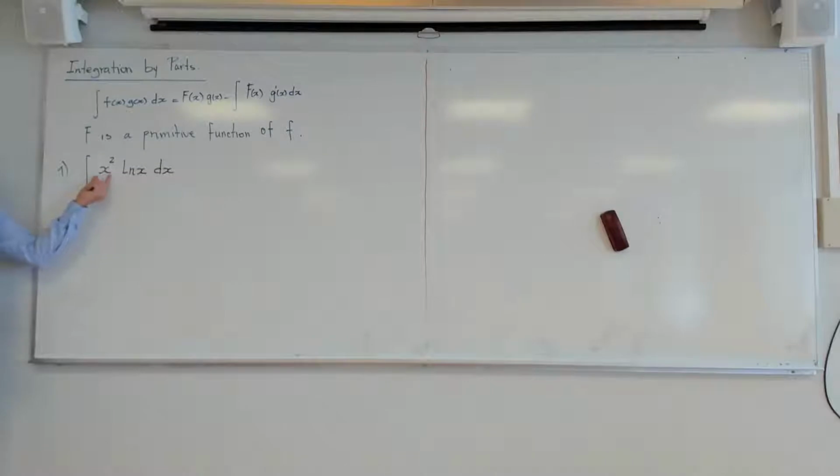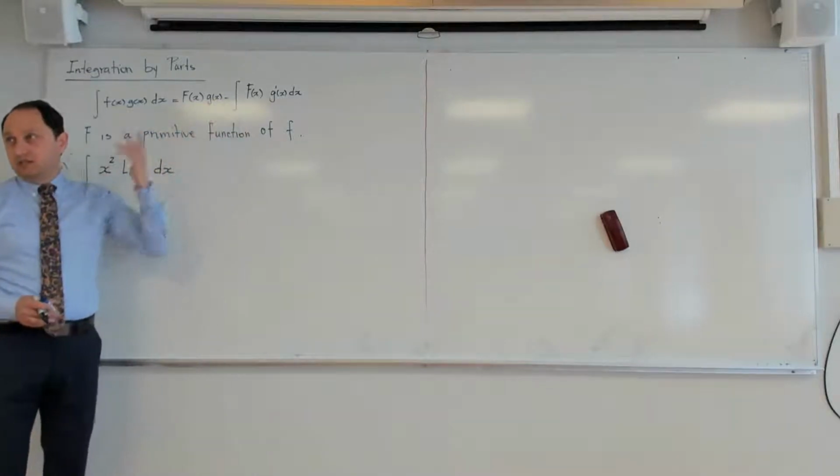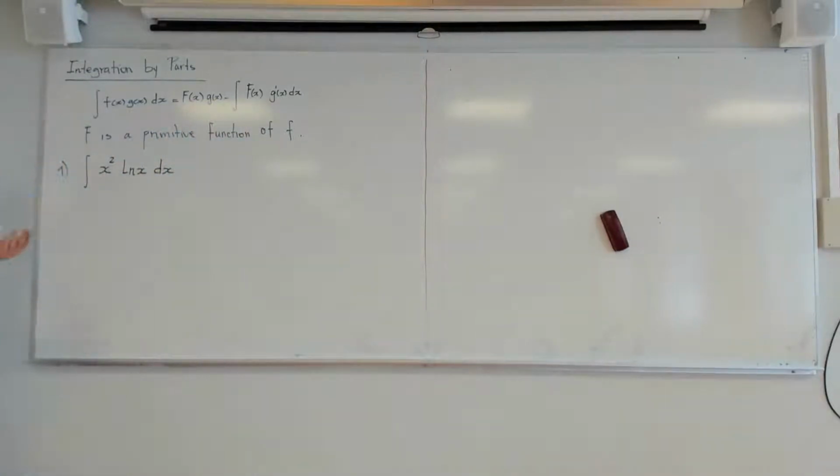You can either choose the first one to be little f and the second one to be little g, or the other way around. What should be in the back of your head is which choice makes this integral easier to calculate. Sometimes it is easier to choose this one to be f, this one to be g, sometimes the other way around. And I don't think it's that hard.